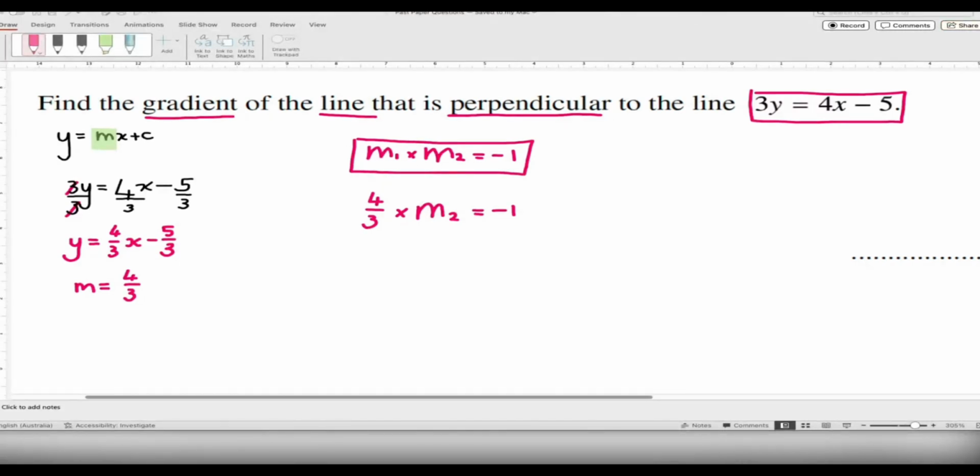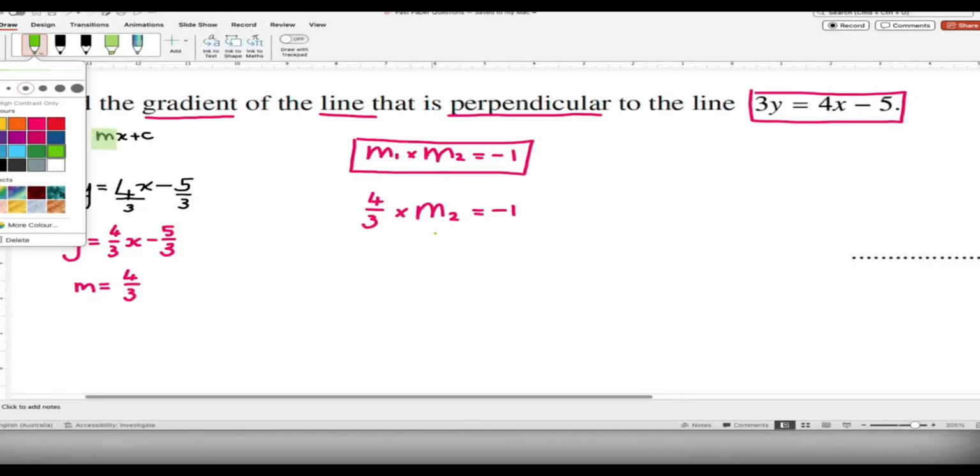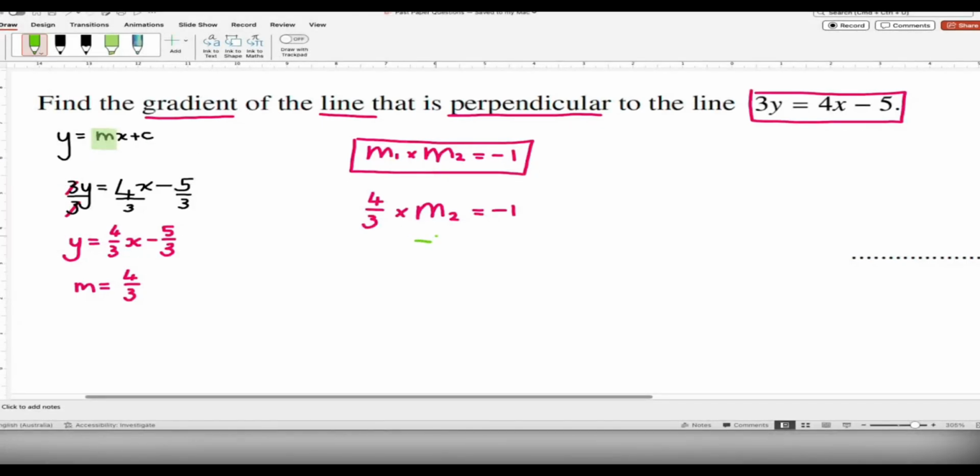Perpendicular lines have gradients that are negative reciprocals. So if the first gradient is equal to 4 over 3, then the second gradient will be equal to negative 3 over 4, since 4 over 3 times negative 3 over 4 gives us negative 1.